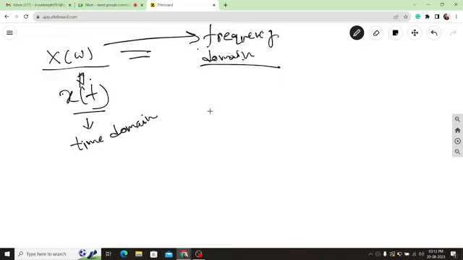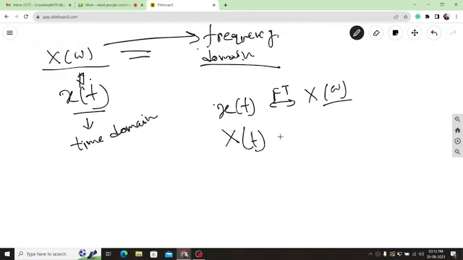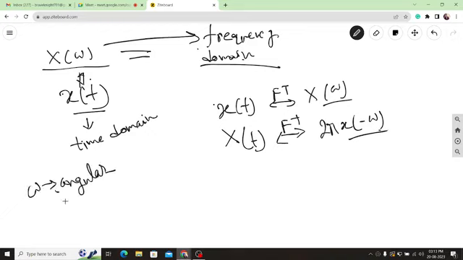The relationship is: if x of t is the Fourier transformation of x of omega, then we can write that x of t has a Fourier transformation 2 pi small x of minus omega, and this big omega is in angular frequency, that is omega is equal to 2 pi f.